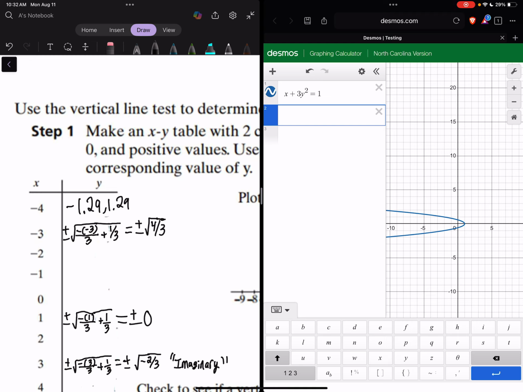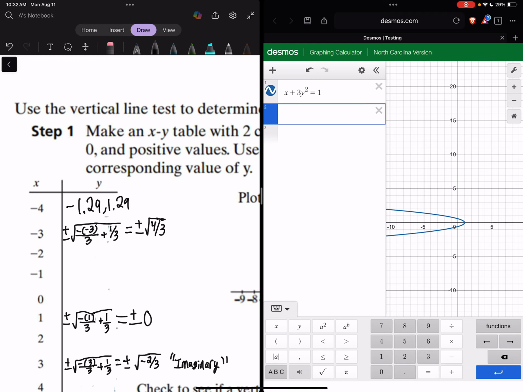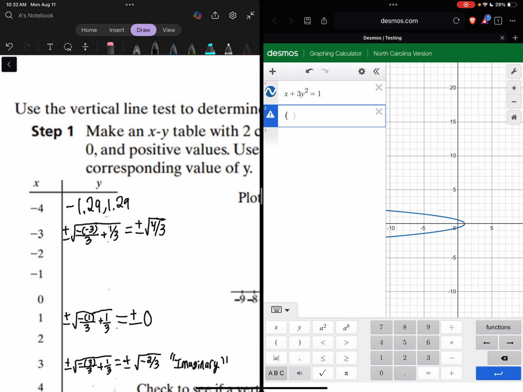I'm going to make my function as above, but I'm going to just be changing the x values. So negative 2 plus 3. Again, you can put x if you want to solve it algebraically or graphically.